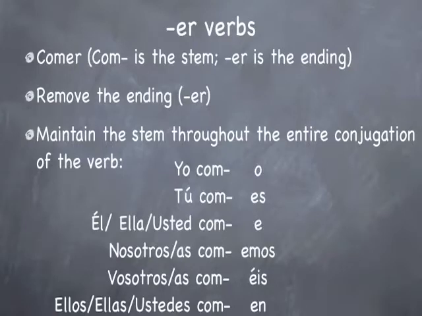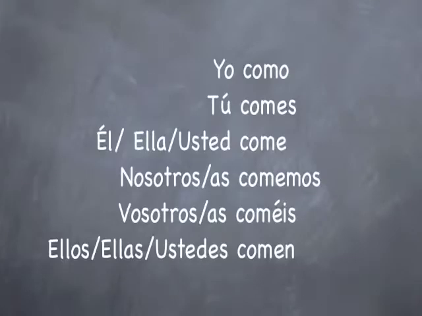O, es, e, emos, éis, en. The process for the ER verbs gives us yo como, tú comes, él, ella, usted come, nosotros, nosotras comemos, vosotros, vosotras coméis, ellos, ellas, ustedes comen.